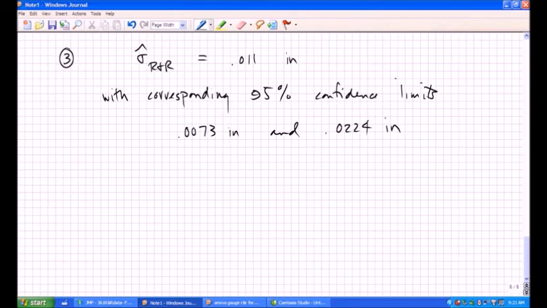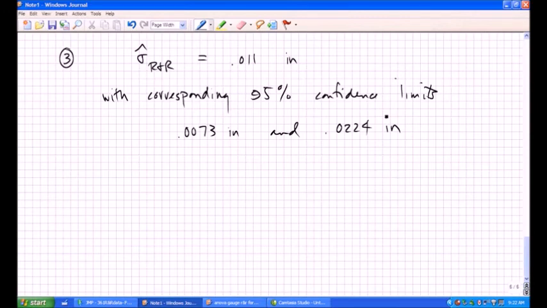Similarly, the sample sizes are small, so confidence intervals are wide, but there's at least some indication that repeatability and reproducibility are sort of roughly of the same order of magnitude. It looks like reproducibility might be bigger than repeatability.